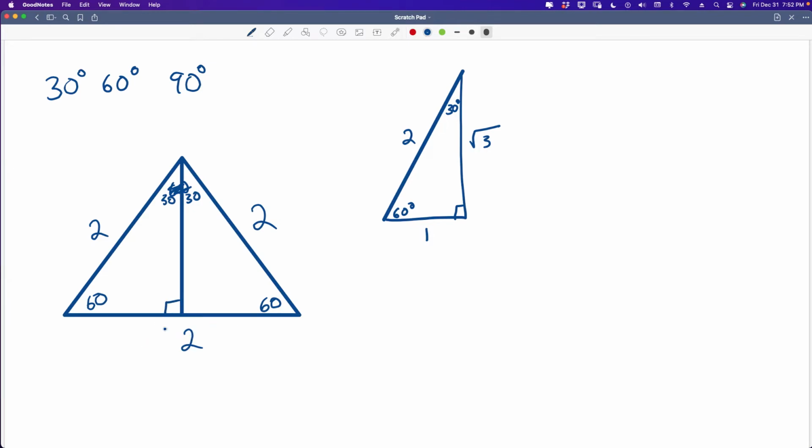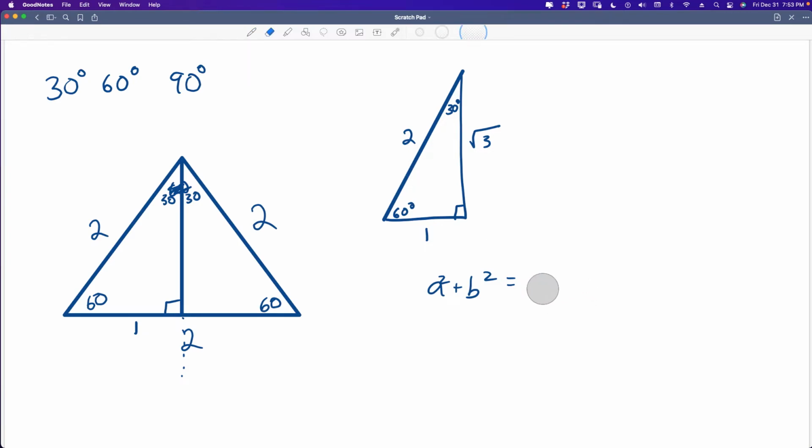Now, because this is 2 across the bottom, it gets divided in half. 2 divided by 2 is 1. So 2 and 1, right? And if we use the Pythagorean theorem, we know that a squared plus b squared is equal to c squared, which is the hypotenuse.